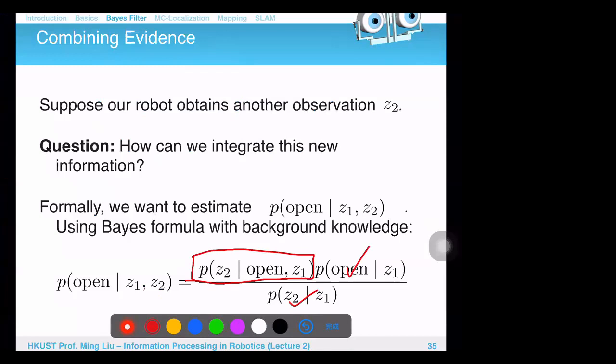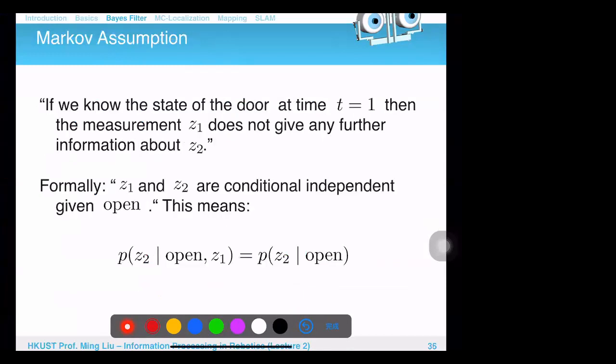That's nothing else than causal reasoning: given open, what's the probability of Z2? If we know the state of the door at a certain time, then the measurement Z1 does not give any further information about Z2.